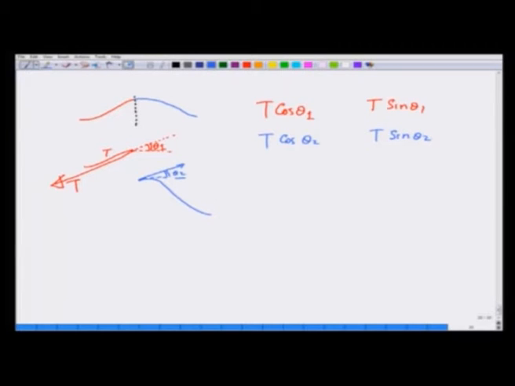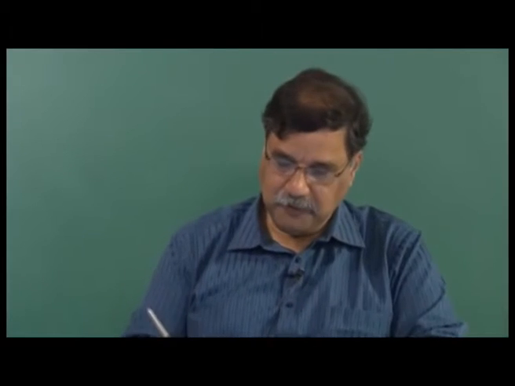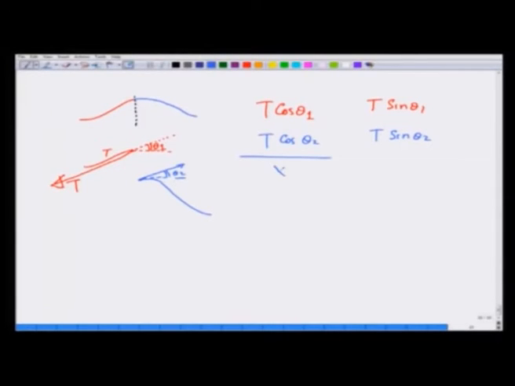For a small angle approximation or a small amplitude, I can take cosine theta 1 and cosine theta 2 to be 1, and therefore, the horizontal components cancel and give you 0, because the component for the blue one is towards the right and the component for the red one is towards the left. However, the vertical components, since I am taking T sine theta 2 to be going up, will be T times theta 2 minus theta 1.